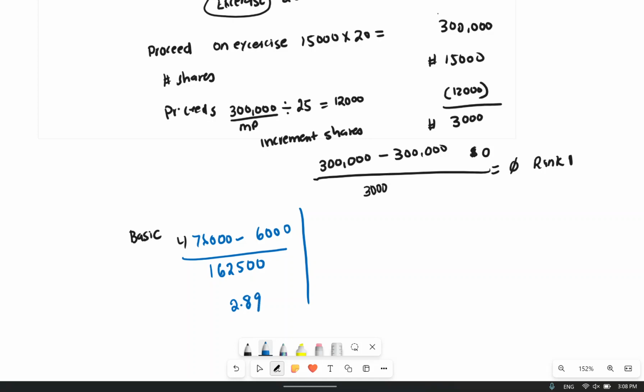And then going further, my rank number 1 will go in at the top. I will add a 0 at the top and I will add the 3,000 at the bottom. I will rework out my numbers with the rank number 1, and that will give me a diluted earning per share of 2.84.